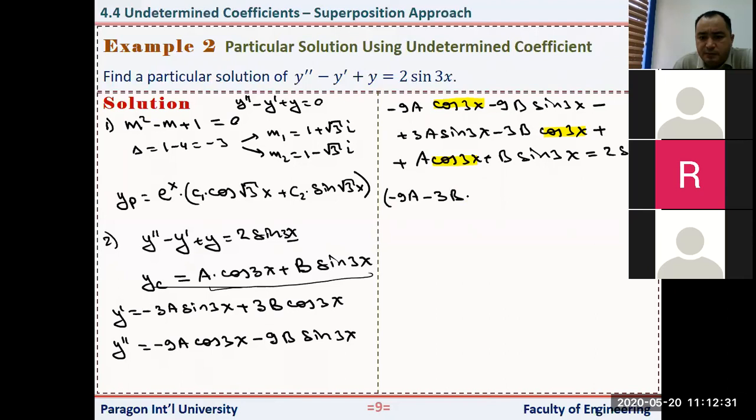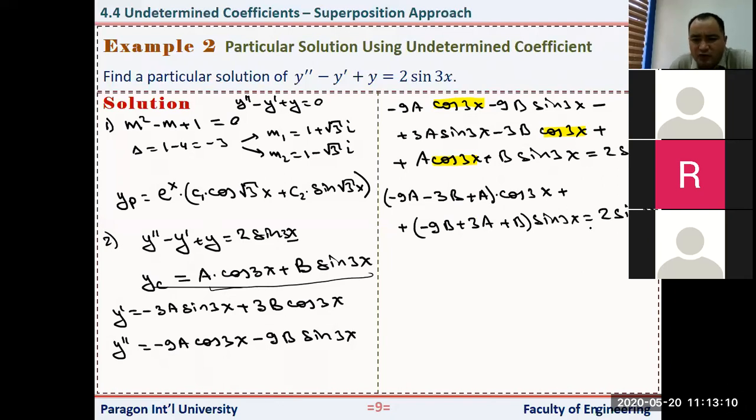And the third one is plus a times cosine of 3x. Plus, how about sine: minus 9b, and here we have plus 3a, and here we have plus b sine of 3x. On the right hand side, we have sine of 3x.